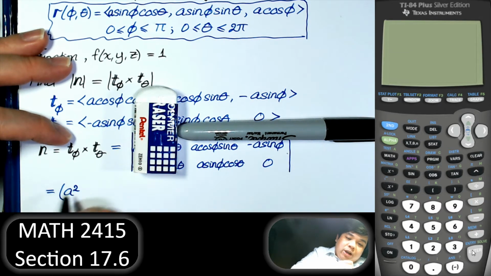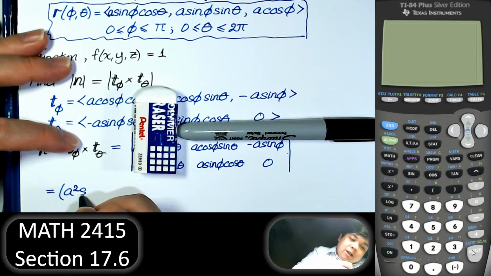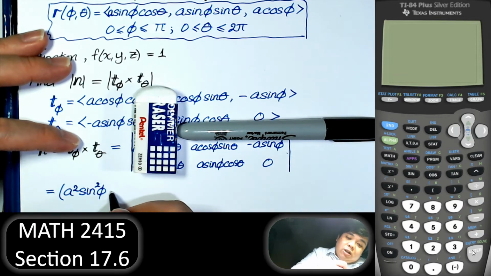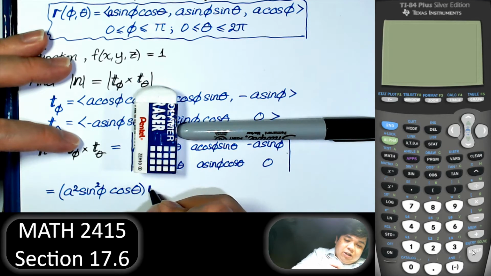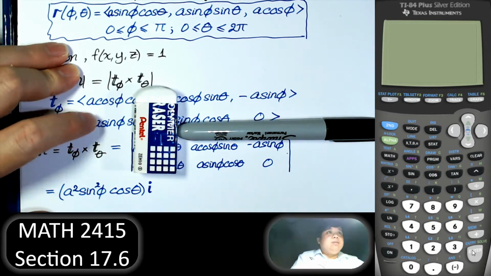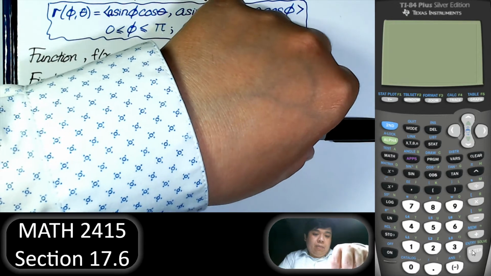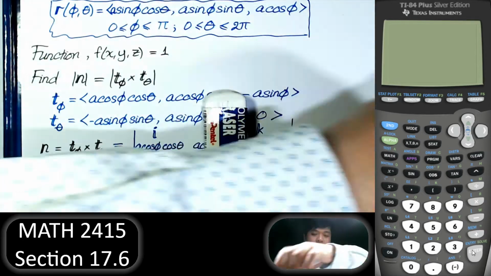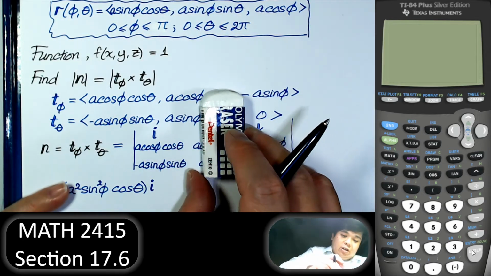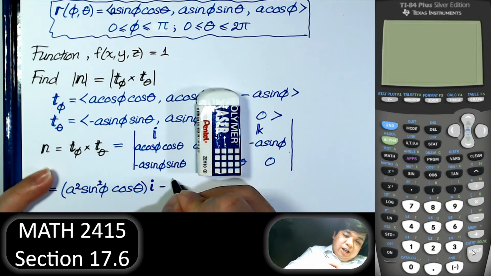So we have a square sine sine times sine, and then cosine. That in the I direction. Now in the J direction, negative.